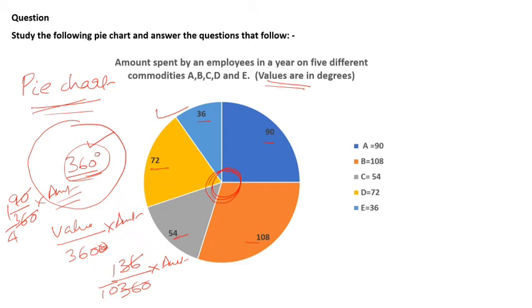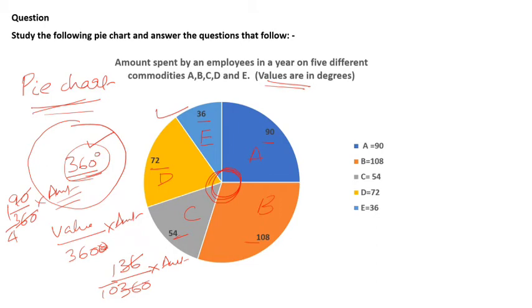Based on this, A is 90, B is 108, C is 54, D is 72, and E is 36. So A, B, C, D, E each have some value in degrees, which we will be converting into some amount as per the given question.